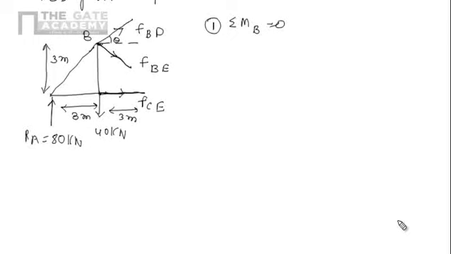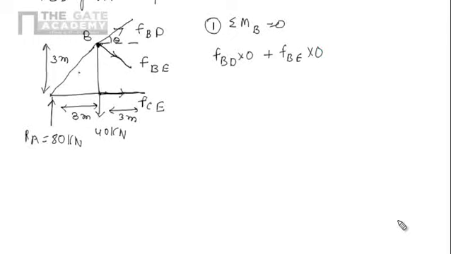If we take the moment at B due to this FBD and FBE, both lines of action are passing through B, so the perpendicular distance will be 0. So we can say that moment will be 0. So I can write FBD into 0 plus FBE into 0.